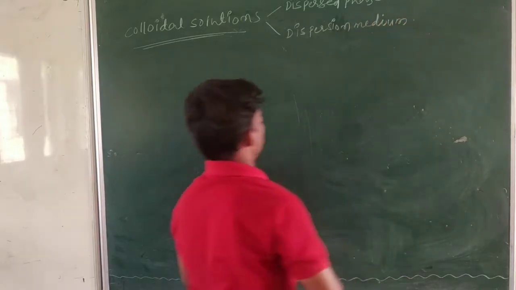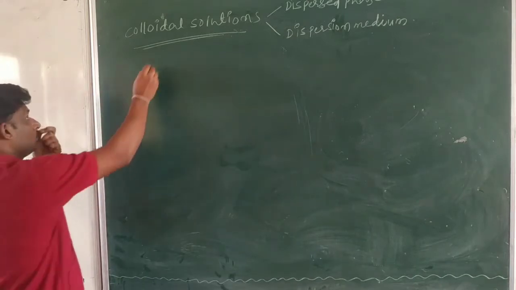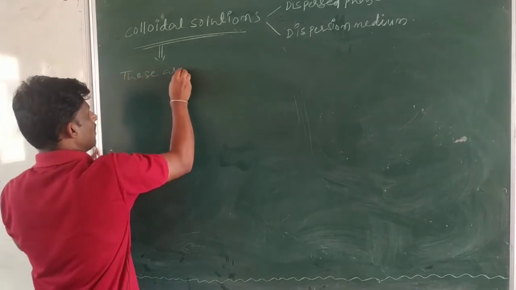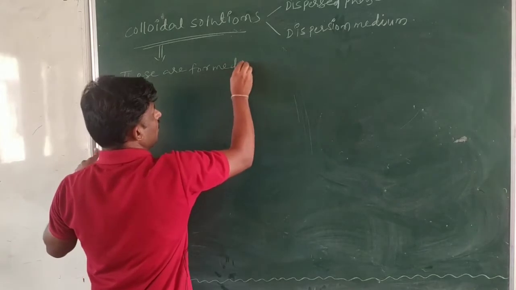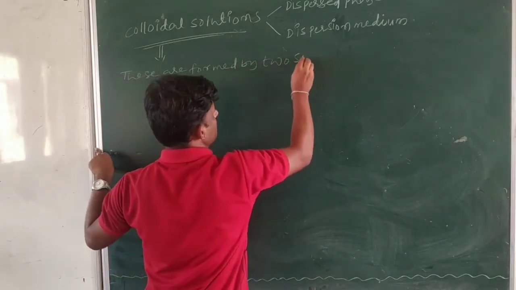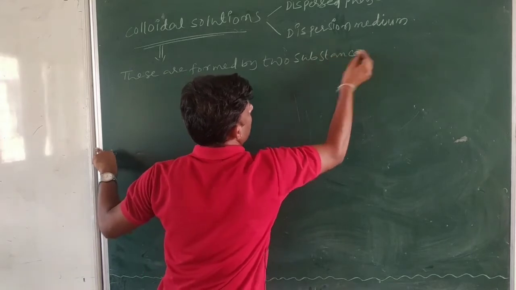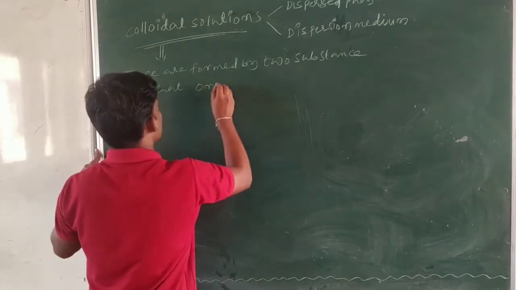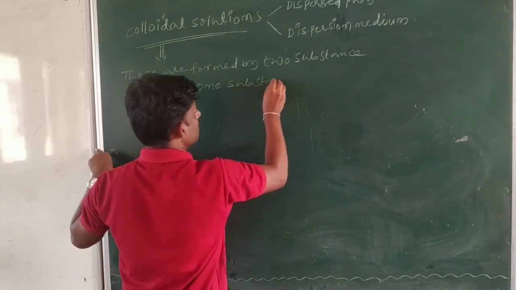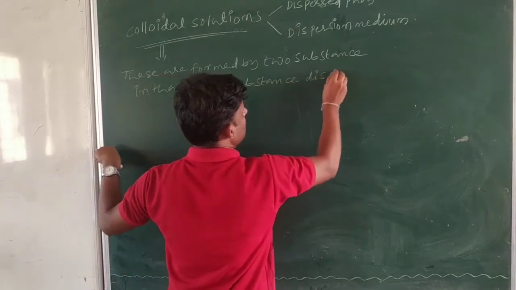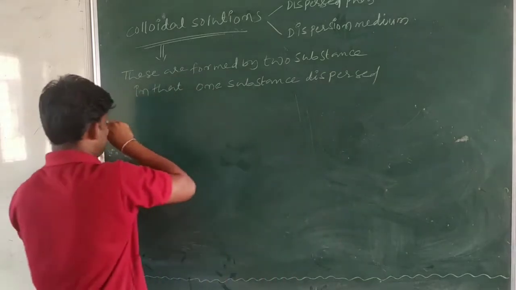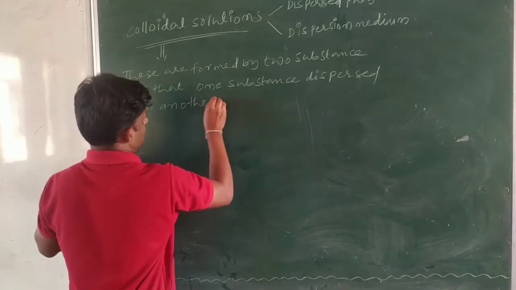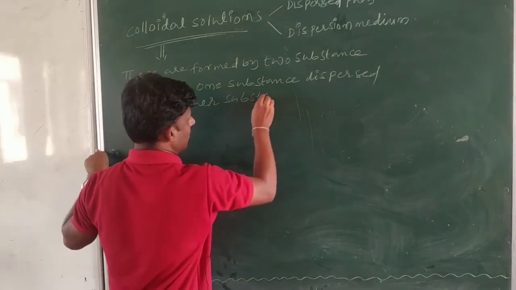Simply we may define: colloidal solutions are formed by two substances, in which one substance is dispersed in another substance. Are you getting my point?